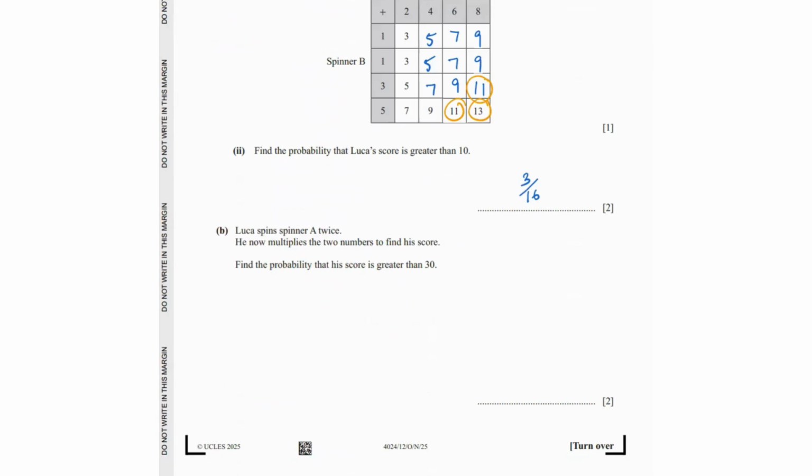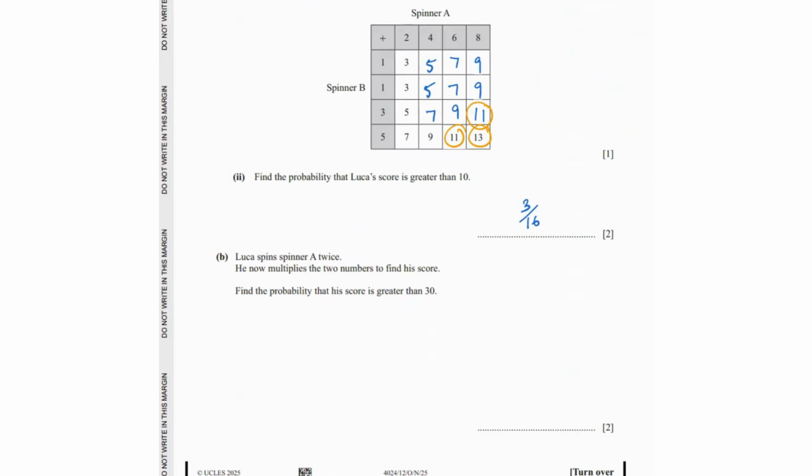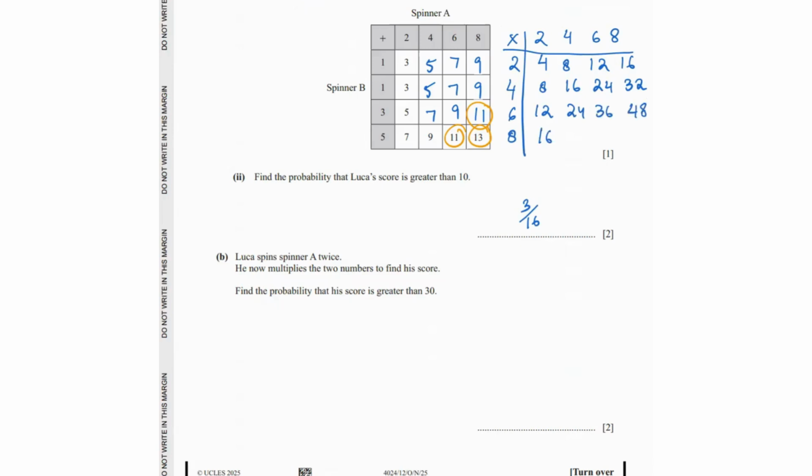So if he's multiplying them, since he's spinning spinner B twice, let's draw another table over here with just spinner A values. 2, 4, 6, 8. 2, 4, 6, 8. 2 twos are 4. 2 fours are 8, 12, 16, 8, 16, 24, 32, 12, 24, 36, 48, 16, 32, 48, 64. So we have to select the scores which are greater than 30.